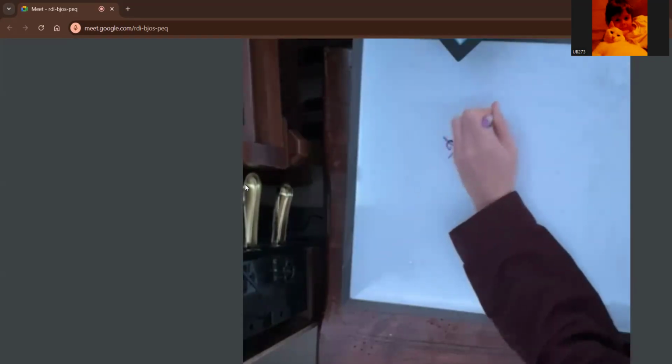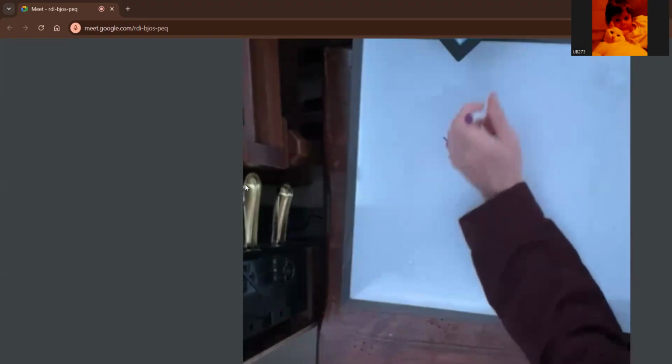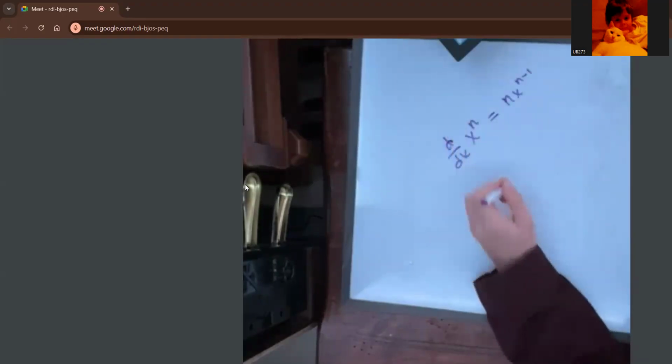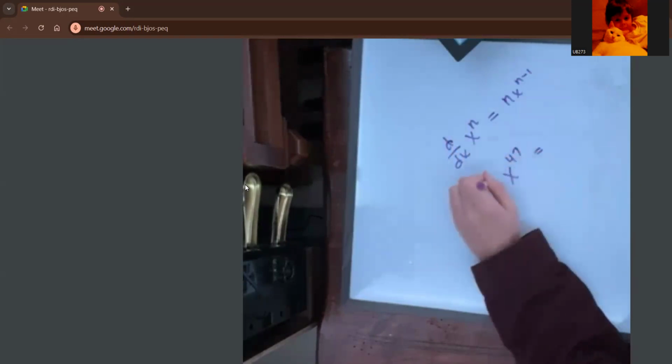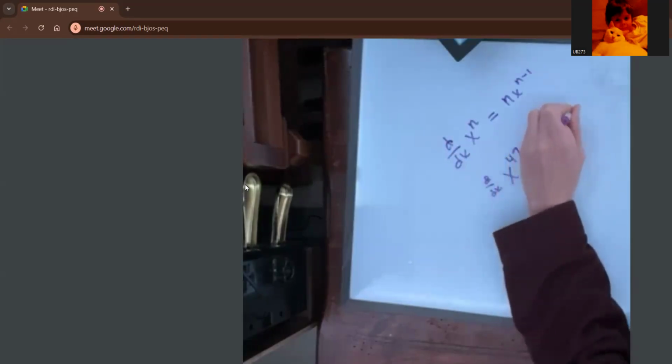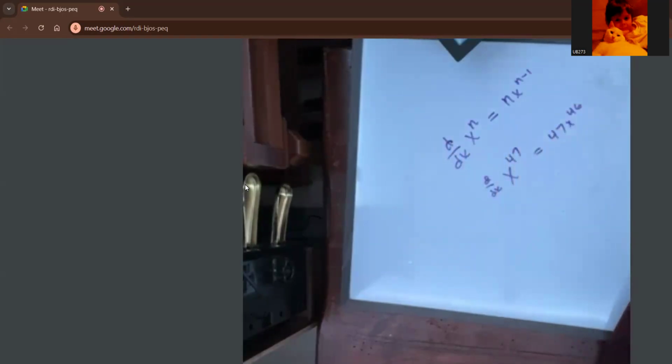The next, which I just used, is the power rule. You put that exponent beside it and then you subtract the exponent by 1. So if I have x to the 47th, the derivative, or d/dx, I'll do 47x to the 46th. That's how that works.